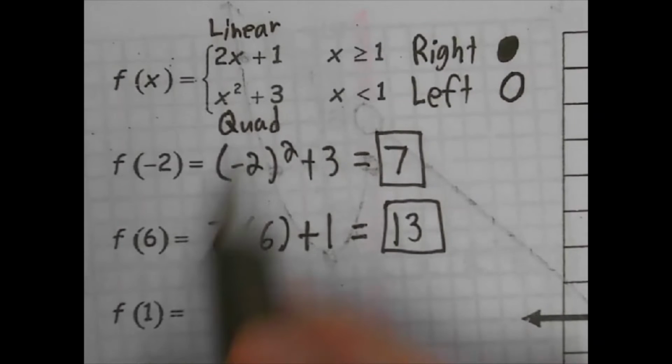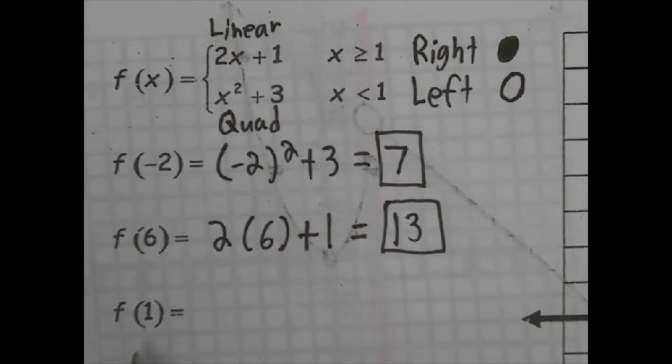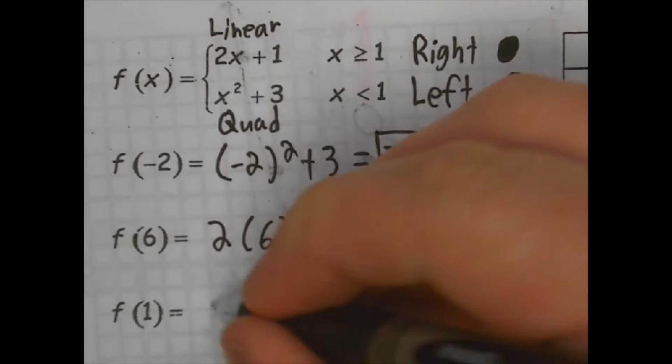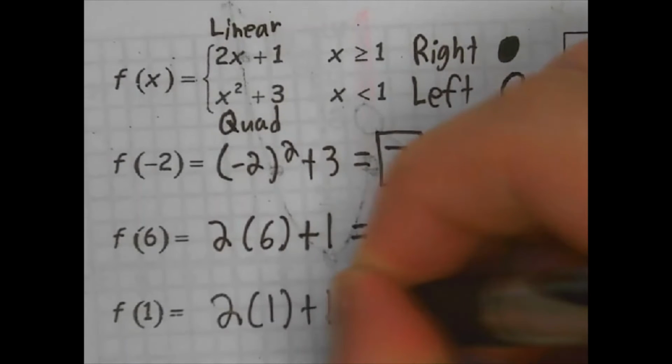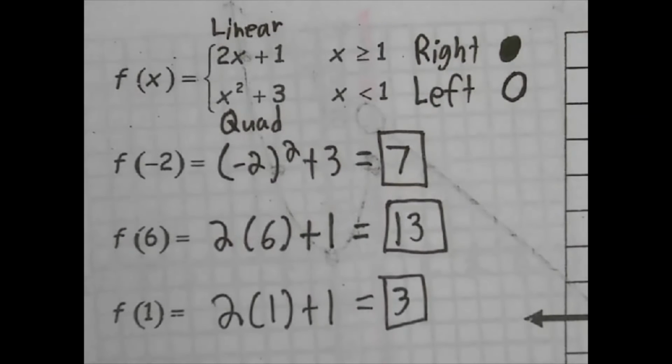If 6 is greater than or equal to 1, you put it in the top equation. But what if I'm given 1? Is 1 greater than or equal to 1, or is 1 less than 1? Greater than or equal to, because I'm actually able to equal 1. So therefore, I will do 2 times 1 plus 1, which is 3. 2 times 1 is 2. 2 plus 1 is 3.